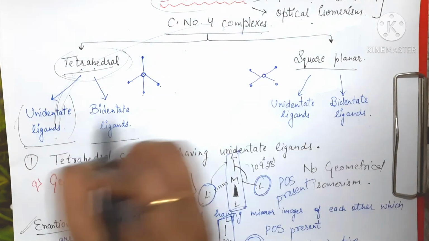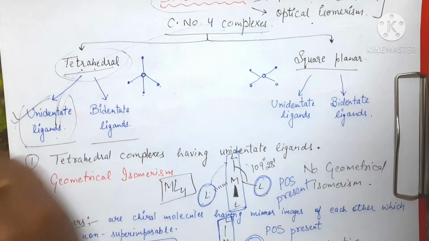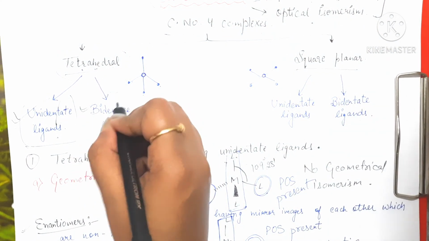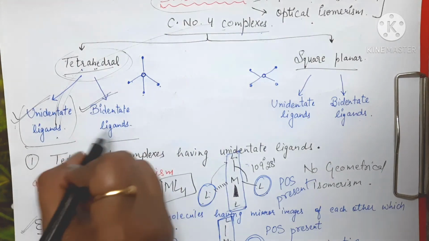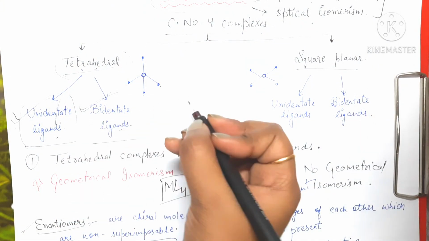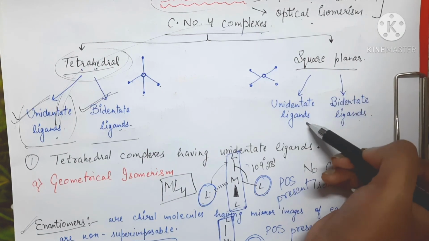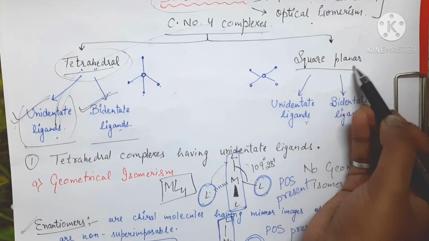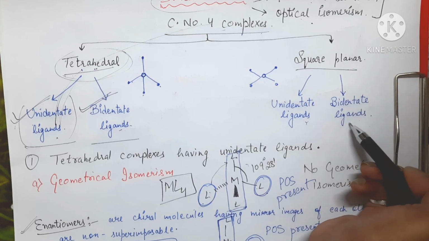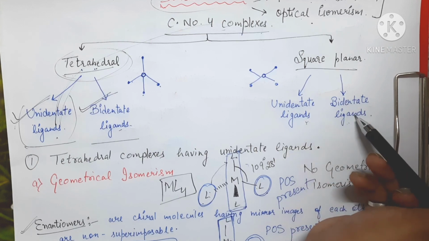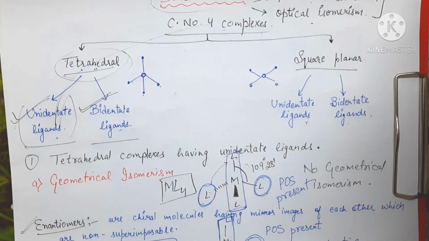Out of these four major parts, we have done the case of tetrahedral complexes having unidentate ligands and having bidentate ligands. These two parts are done. Now in the coming videos we will be doing the square planar complexes having unidentate ligands and square planar complexes having bidentate ligands. We will study geometrical and optical isomerism in these two categories of complexes, right?